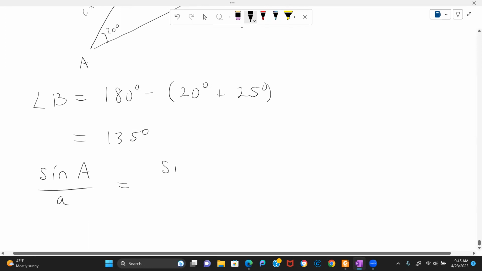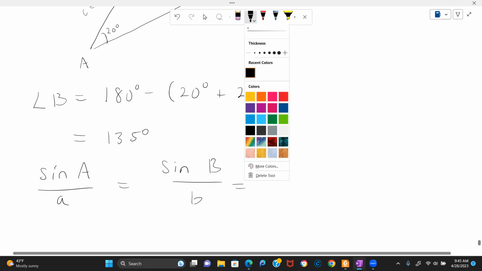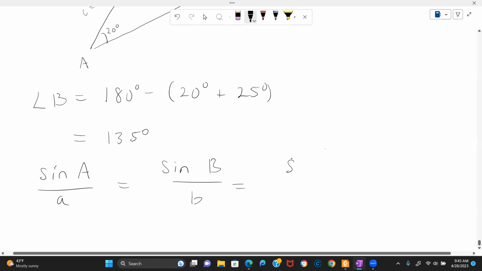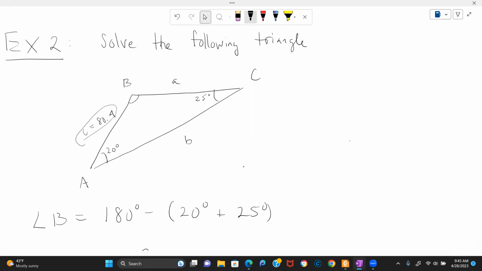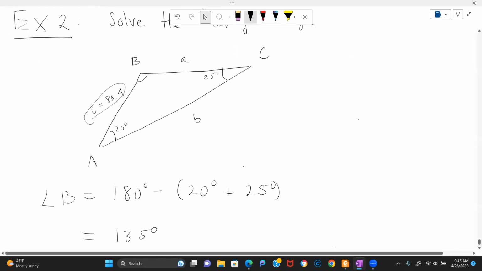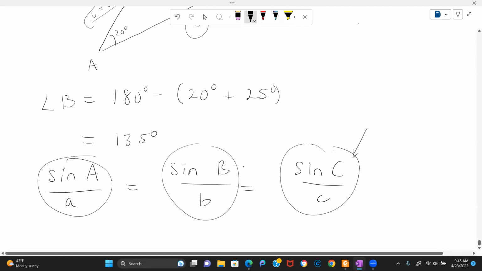The law of sines states the following: sine of C over C. And what we're given is this side right here, and we want to find A and B. So we're going to take this and set it equal to this, because we know angle C and we know side C. And then we're going to take this and set it equal to this.